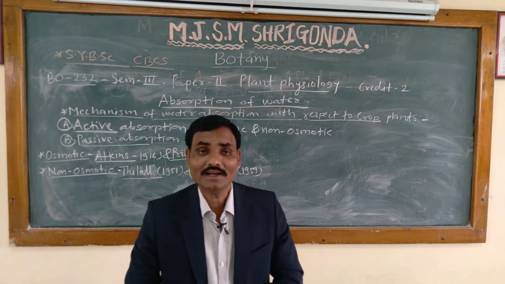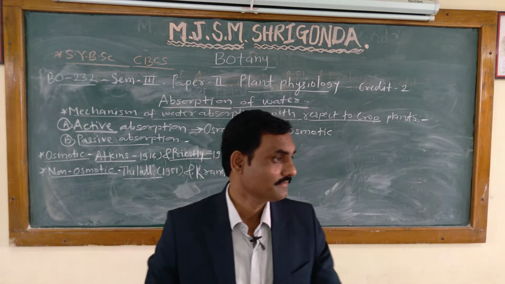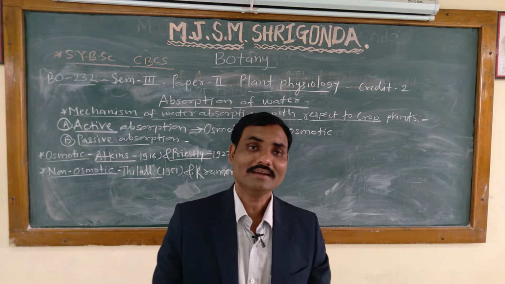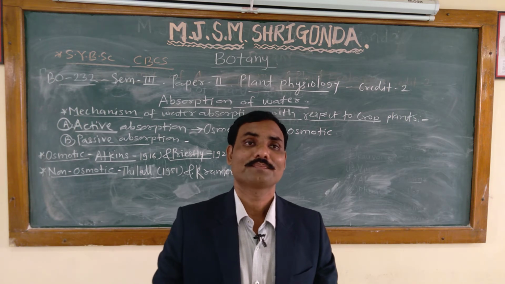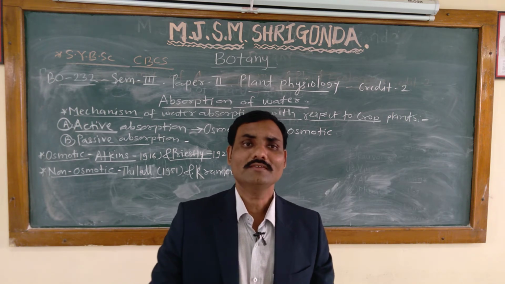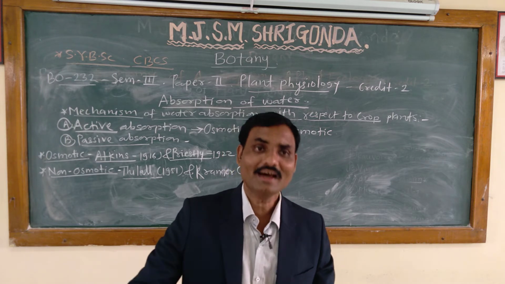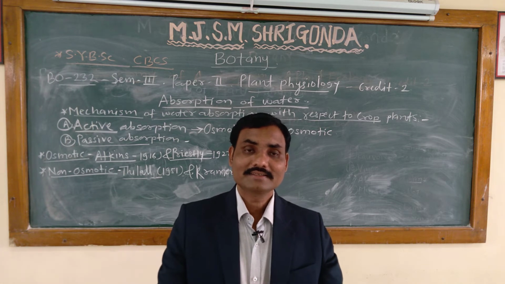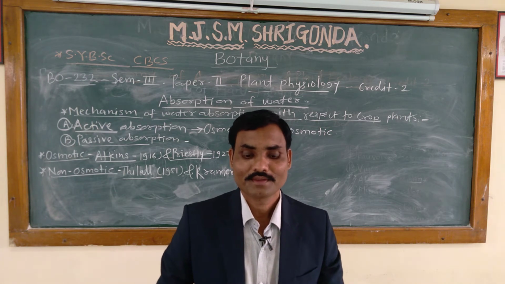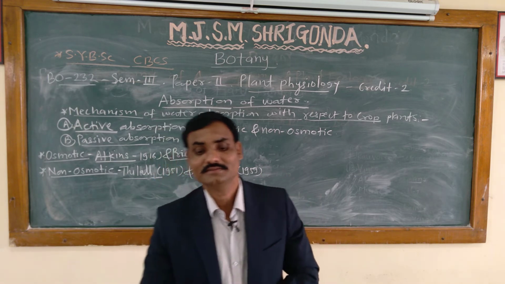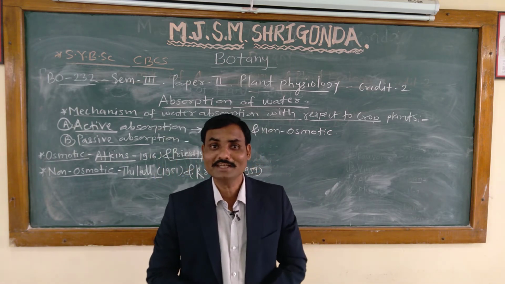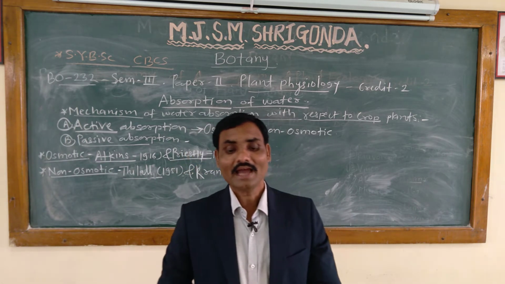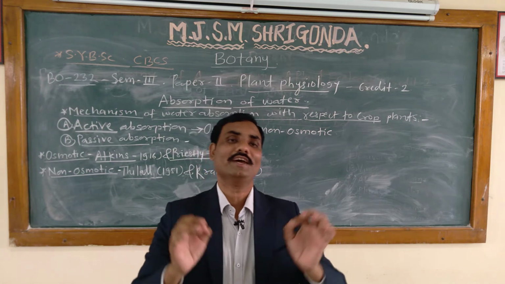Then that organ comes in contact with the soil, and in that soil there is water, and that water with different nutrients, that is macronutrients, micronutrients, different minerals that are present in the soil, comes in contact with the root, and diffusion is one of the important activities found in plants, and by diffusion water enters the root hairs.